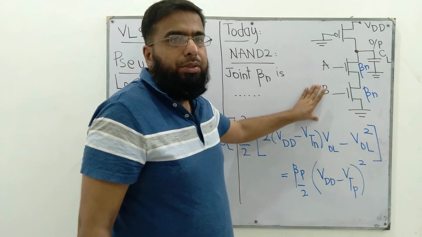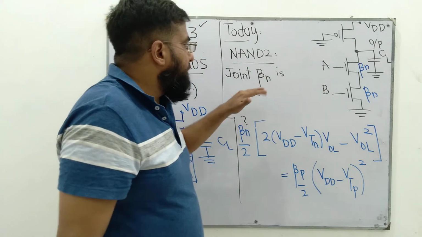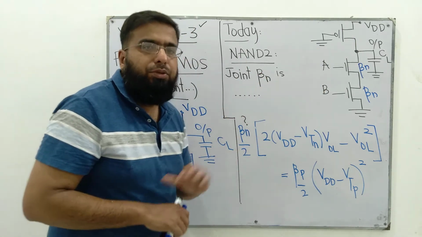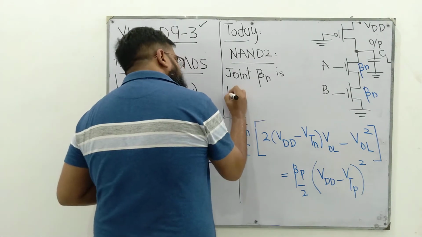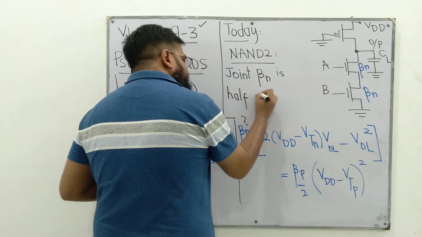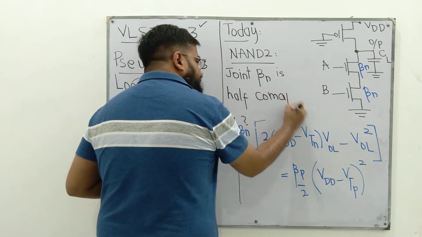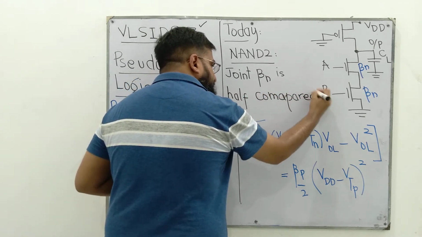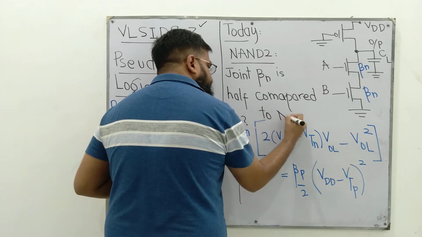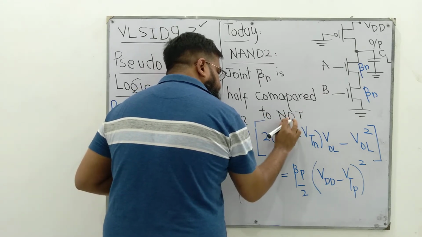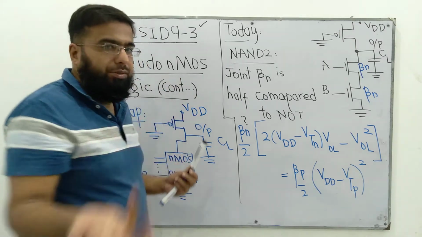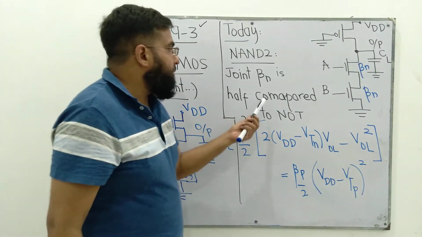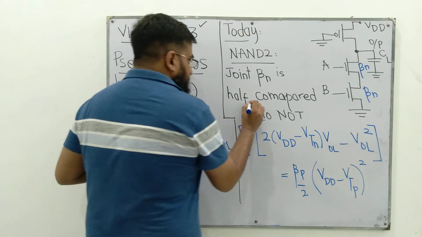This means beta n, which is inversely proportional to resistance, is half compared to NOT, because resistance is inversely proportional to beta.